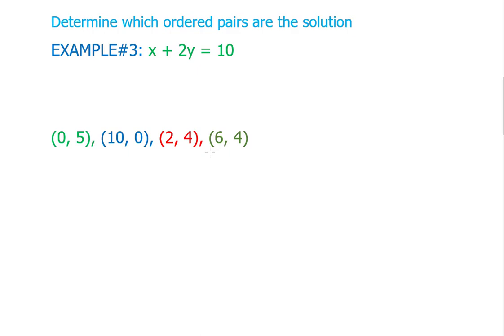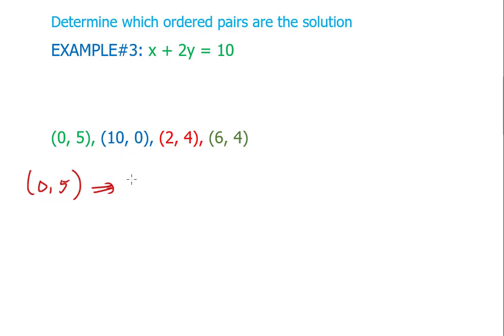So how do we determine whether the ordered pairs are solutions for this equation? We just use direct substitution because every point is (x, y). So now let's do the first one, which is (0, 5). We will only check one value for this, and then we check the rest.